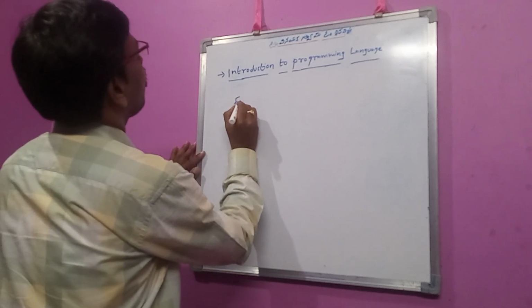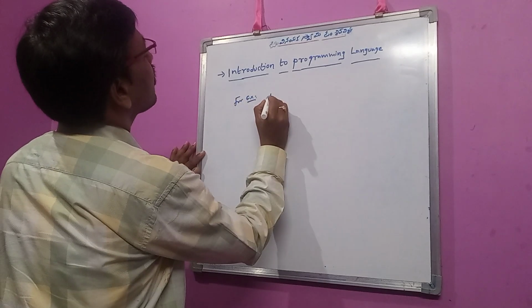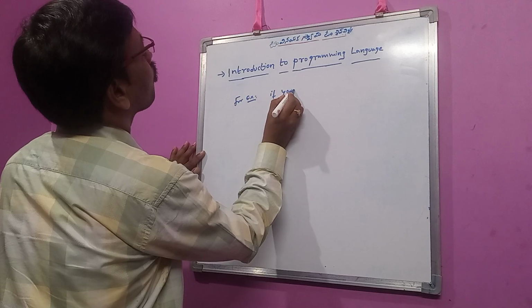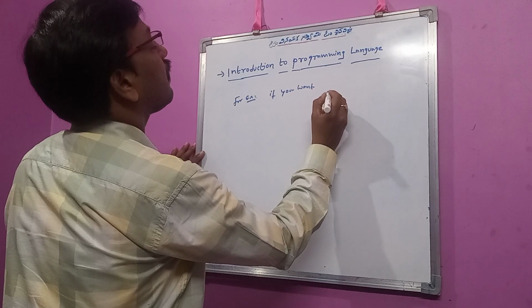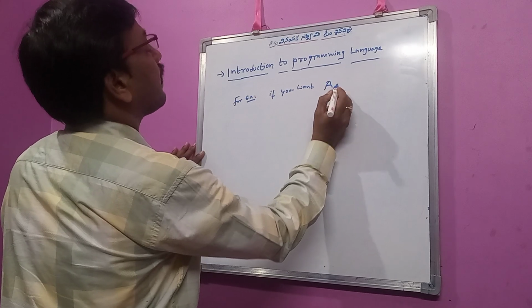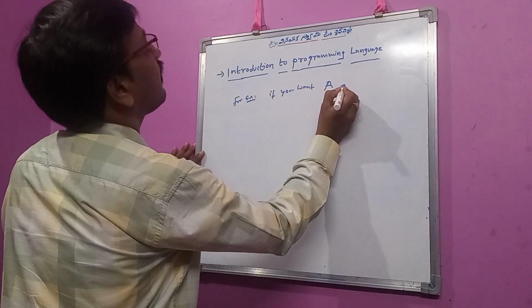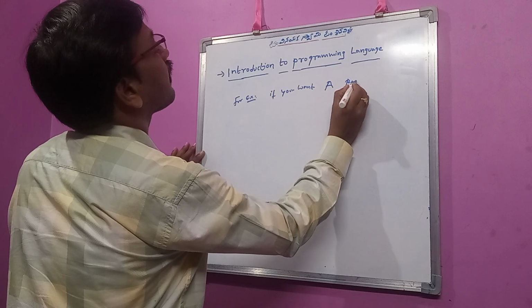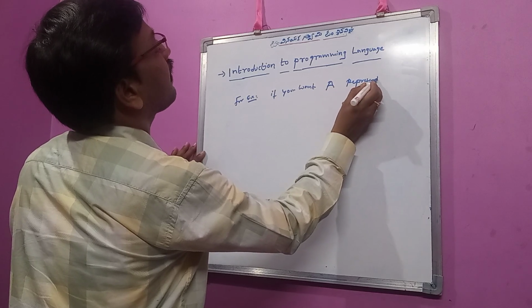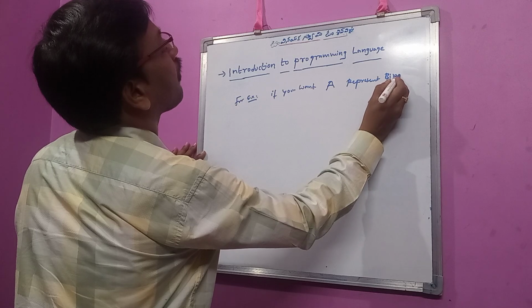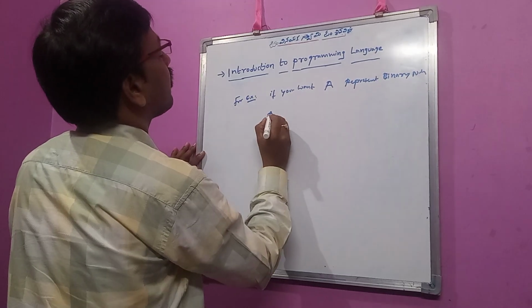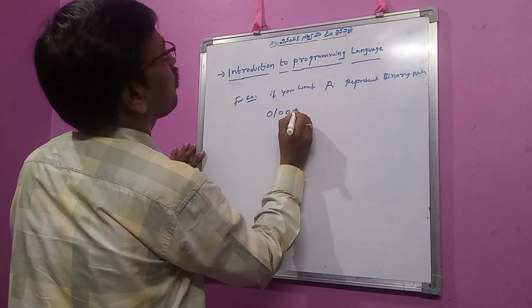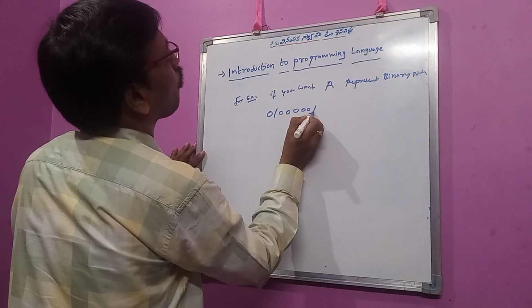For example, if you want capital A represented as a binary number, you write 0 1 0 0 0 0 0 1.